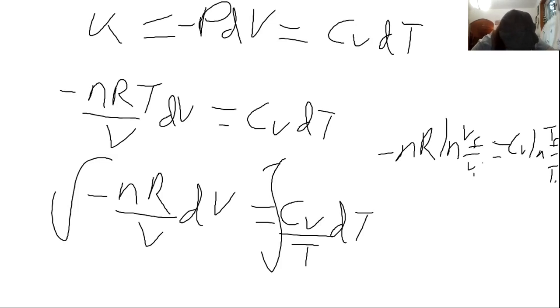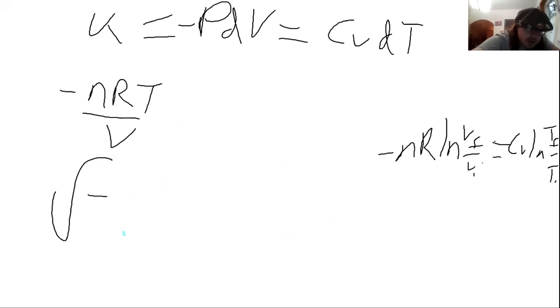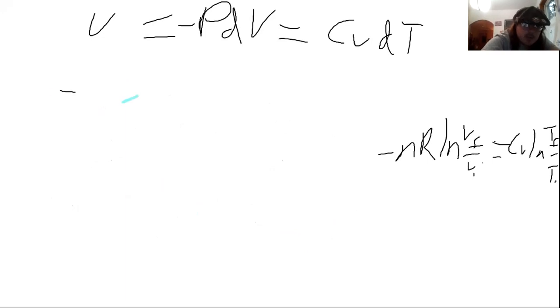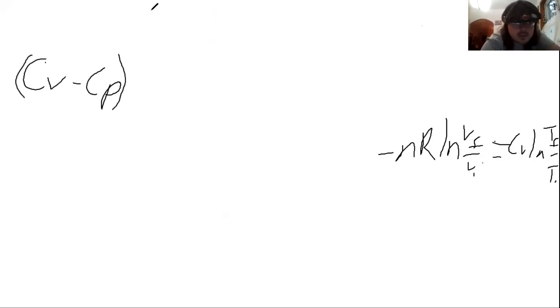Now here's where it gets a little tricky. If nR is equal to C sub P minus C sub V, we can exchange the negative nR for C sub P. So it becomes C sub V minus C sub P. So that's what we're exchanging for.